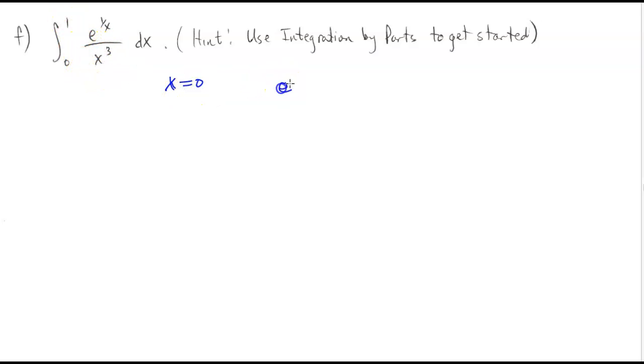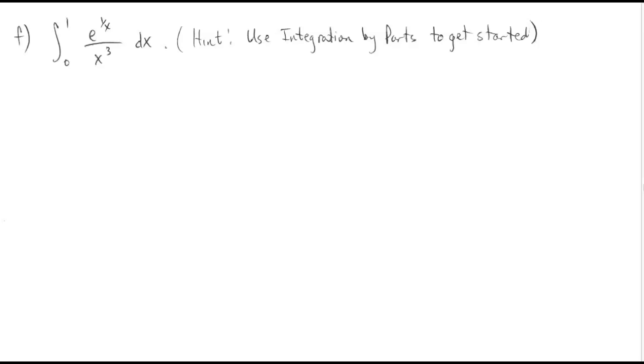If you think about it, if I had e raised to the 1 divided by 0 cubed here, essentially the exponent would be undefined, and anything divided by 0 is undefined as well. So that's where we have our problem. In noting that, we know that this is going to be an improper integral because our lower limit is actually not in the domain of this particular function.